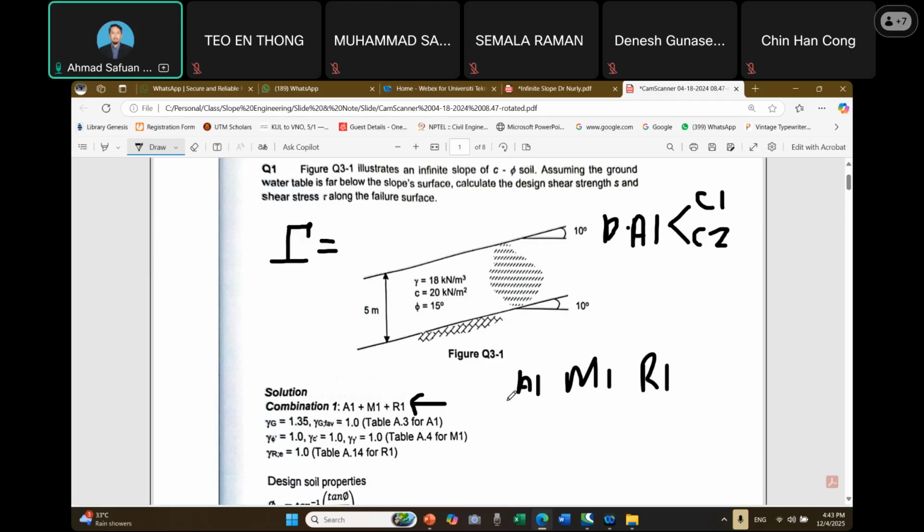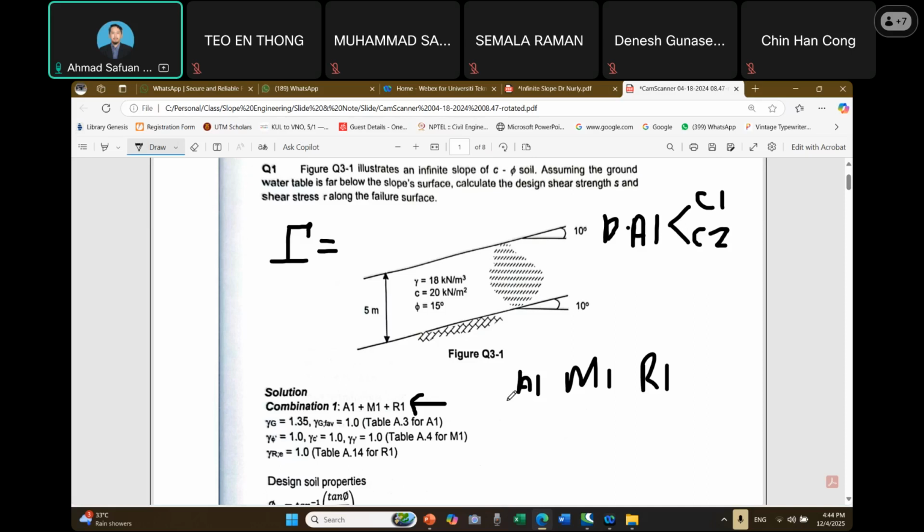Under the actions, we have favorable and unfavorable. Favorable means any type of action that can provide stability for the geotechnical structure. Unfavorable contributes to the instability of any geotechnical structure.